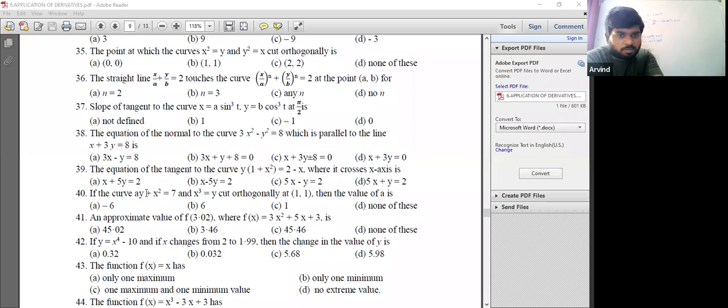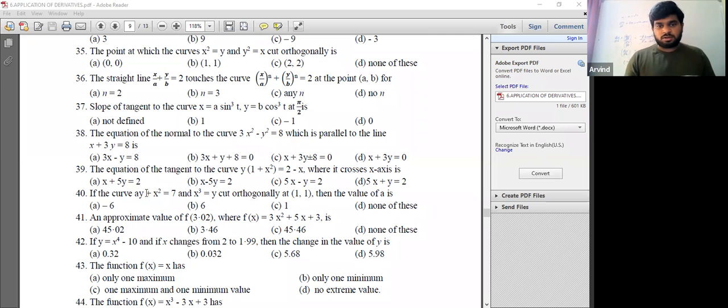The equation of the normal to the curve, which is parallel to the line. So here we are supposed to find the equation of the normal to the curve 3x square minus y square is equal to 8, which is parallel to the line x plus 3y is equal to 8. Okay.